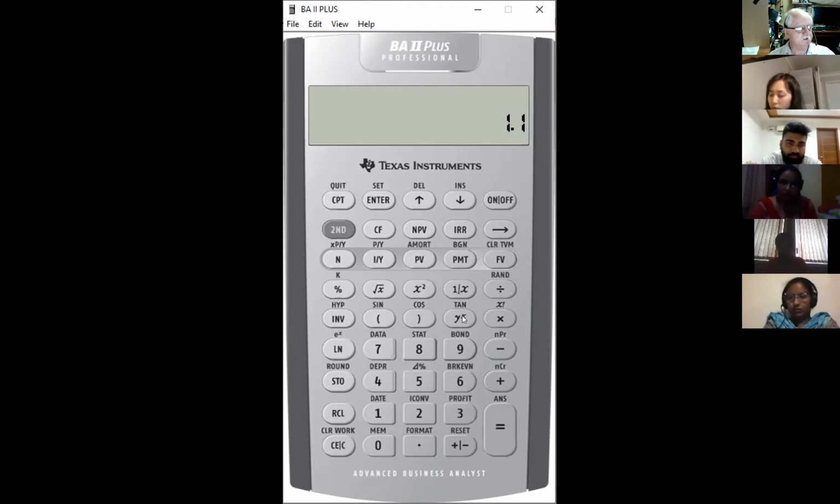So if I want to take everything in the bracket to the power of 5, I've got to go y to the x. It shows nothing. And then 5 equals. And it gives us this. And then we can go times the 1,000. And I don't know where the extra penny came from, because when we did it by hand, we didn't get an extra penny.